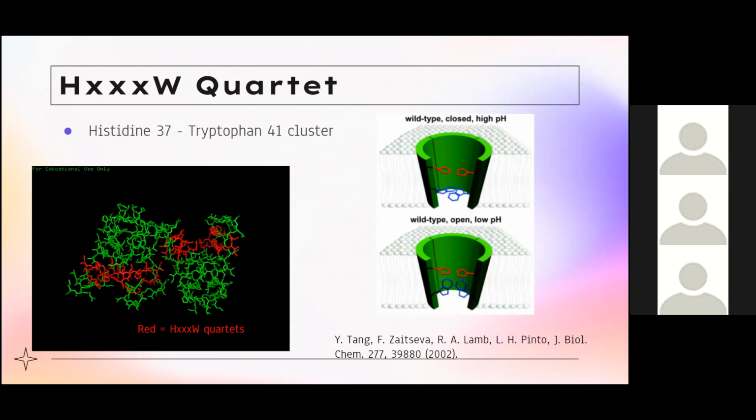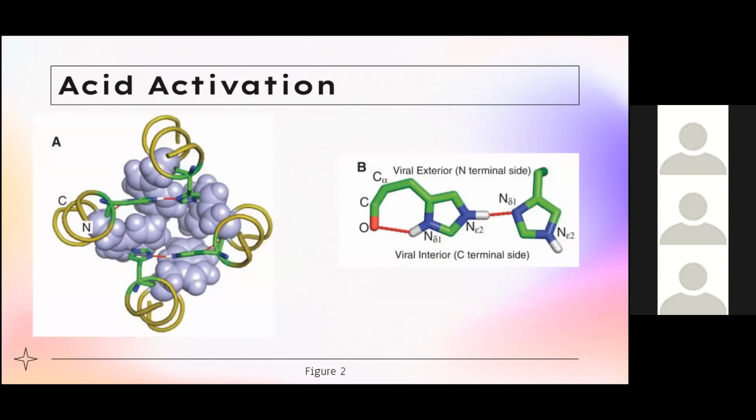And on the left, this figure was created in PyMol to show all the HXXW quartets in the M2 protein. Those are highlighted in red. And then over here, it shows the structure of the HXXW quartet in the histidine lock state.